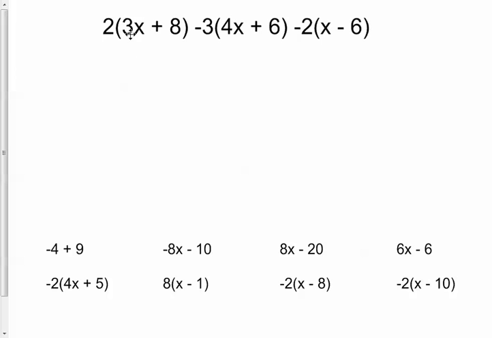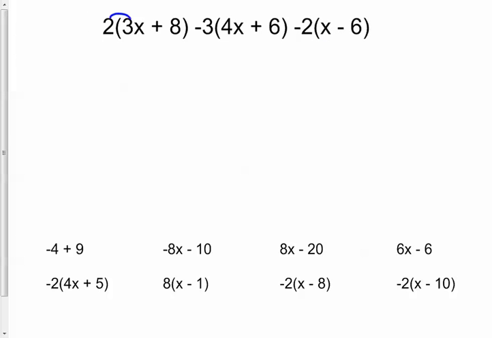Okay, let's say that I have this guy right here, and then I have all these options for equivalent expressions. All right, well, you know what? We need to simplify this and see if anything down here is the same. Okay, so hopefully you see these guys and you think to yourself, distributive property, because as soon as you see a number out front of a set of parentheses with something being added or subtracted inside, that is distributive property, man.